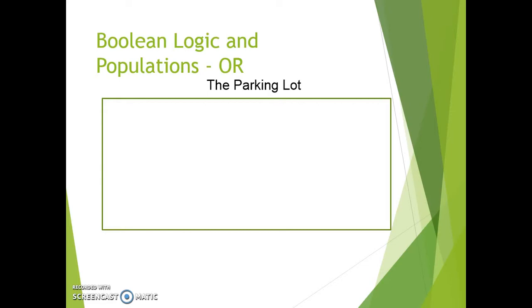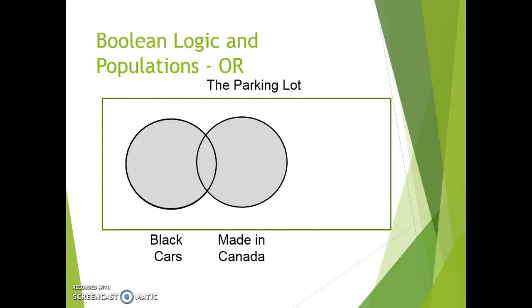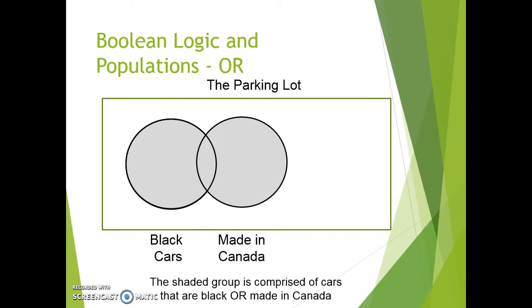We can look at the population in the parking lot and say which ones are black cars or made in Canada. In fact, every car that we considered in the previous case fits our new definition. The shaded group is comprised of cars that are black or made in Canada. In other words, everything in either one or both of the circles fits our criterion.